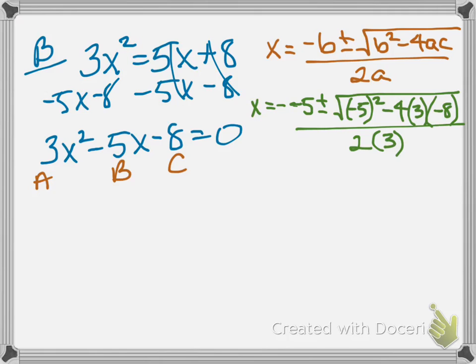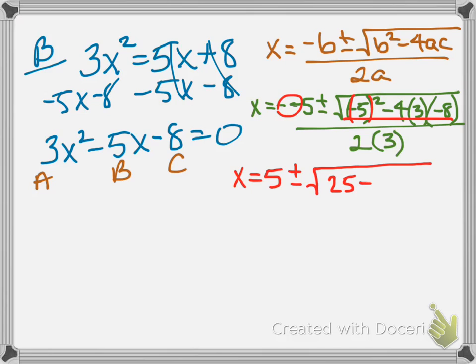Okay, so let's simplify a little bit here. A double negative here is just going to be a positive. So we're going to have x equals 5 plus or minus. And now we start to simplify what's under the square root. Remember, negative 5 is in parentheses, so it's negative 5 times negative 5. So that's a positive 25 minus 4 times 3 times negative 8, which gives me negative 96.